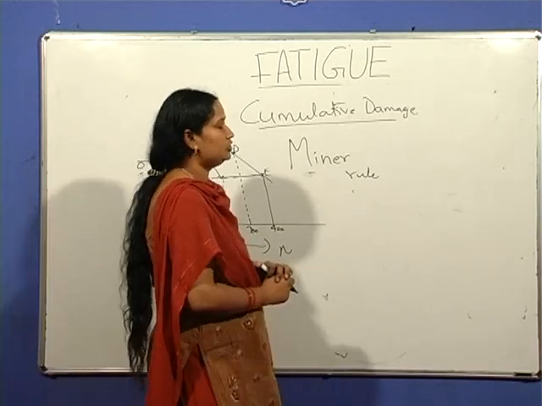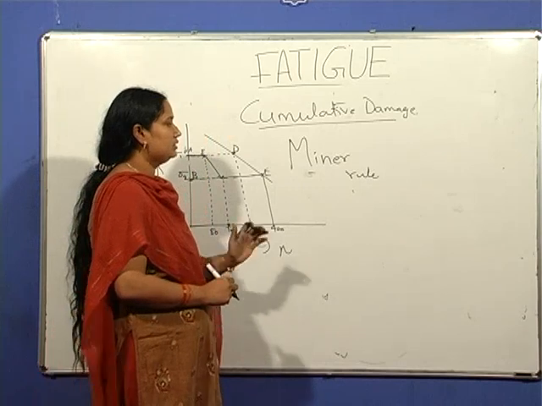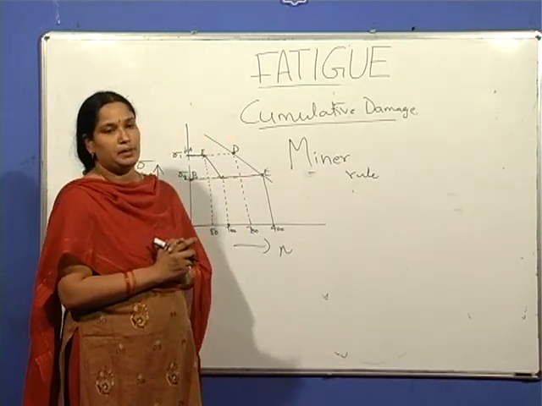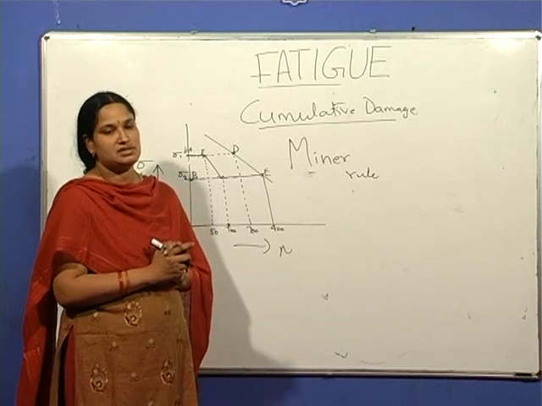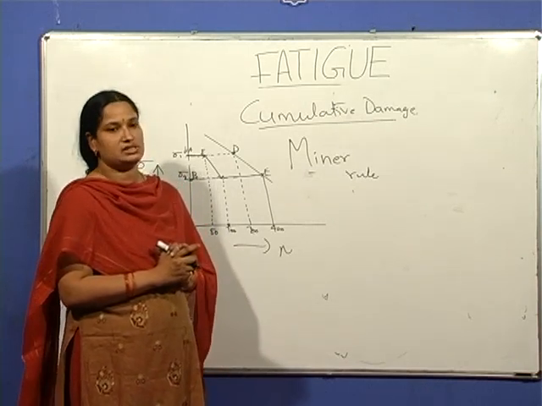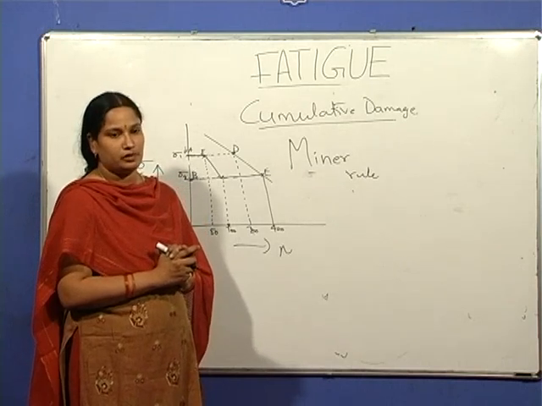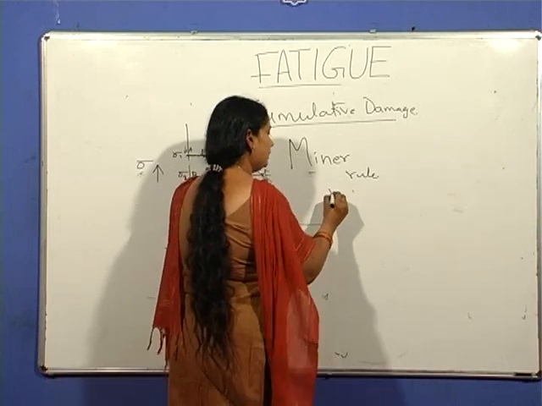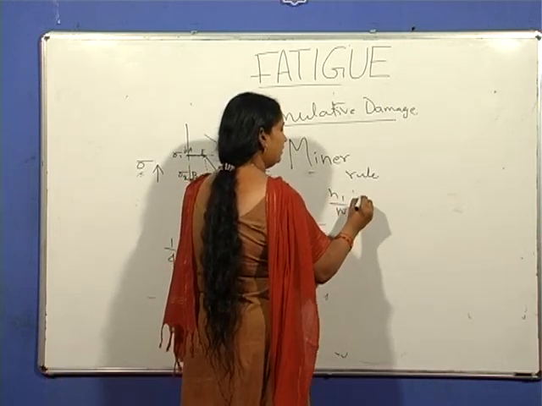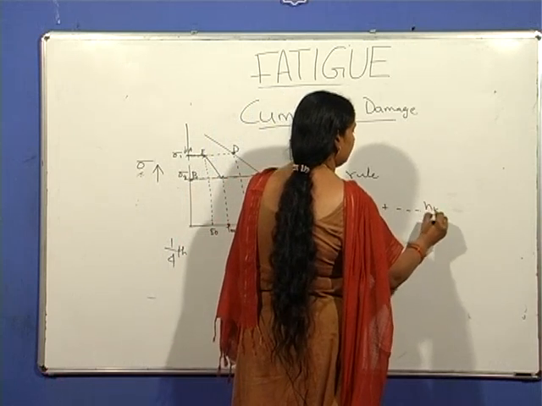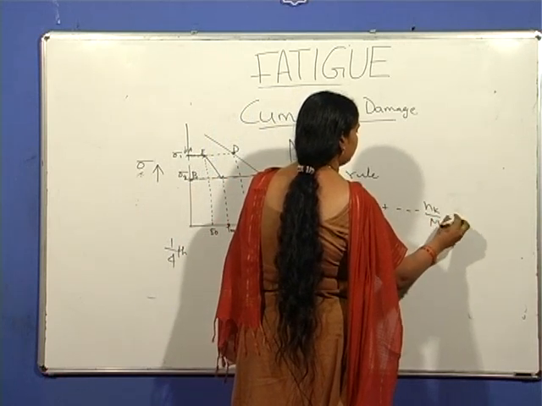The cumulative damage rule assumes that the total life of a component can be predicted by considering the sum of the percentages of life consumed at specific stress levels, which is given by n1 by N1 plus n2 by N2 and so on, nk by Nk is equal to 1.